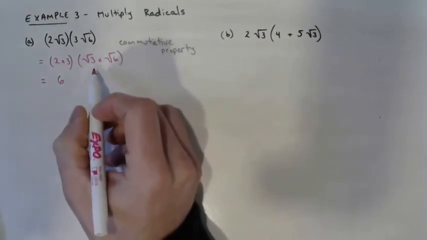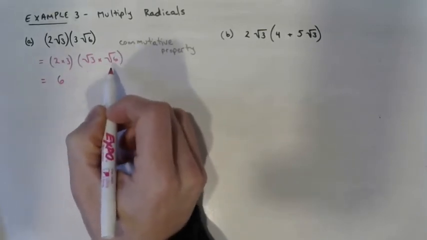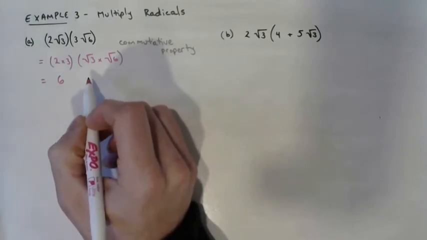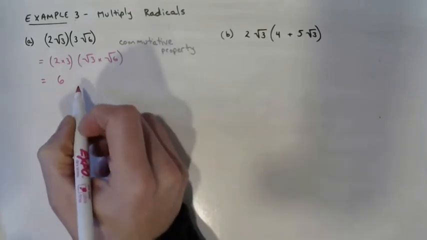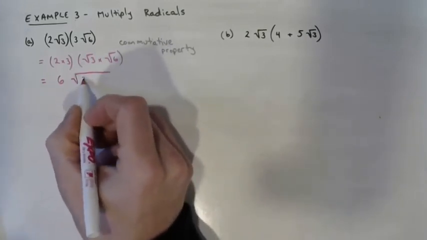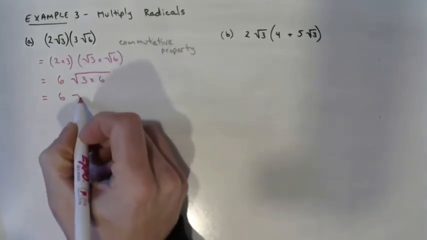Now it looks like these guys are simplified as far as they could be. And if they were by themselves, that would be true. But I can use my multiplying radicals rule kind of in reverse as to how we've used it before. And I can actually rewrite this as radical 3 times radical 6. Now that looks like going backwards.